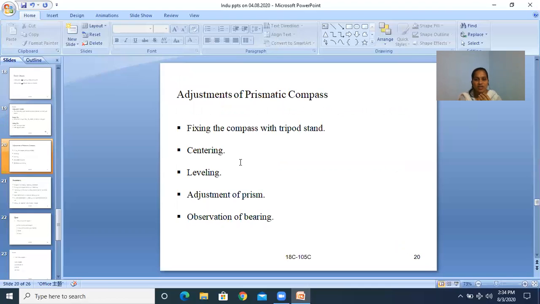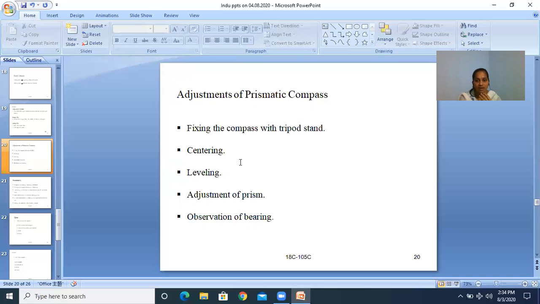Then the adjustment of the prismatic compass. What are the temporary adjustments of the prismatic compass? Fixing the compass on the tripod stand. Another part is the stand which is used to place the instrument, called the tripod stand. To fix the compass on it, the tripod stand should be fixed, and then we have to center it. The compass always shows the north direction of the earth, so you should check whether it is showing the north direction or not.